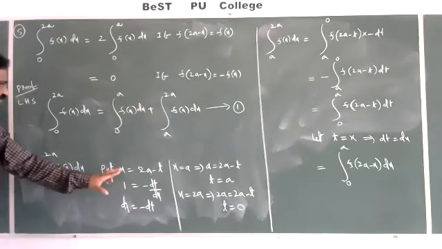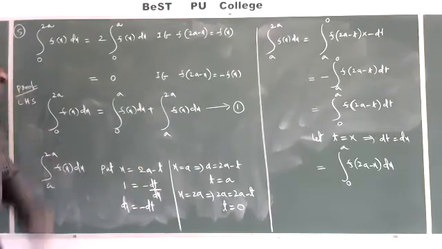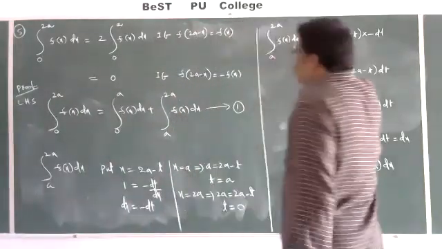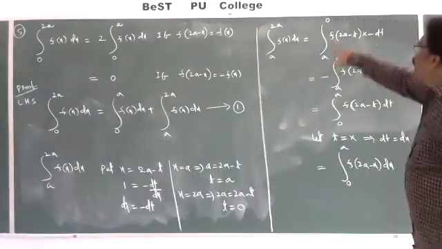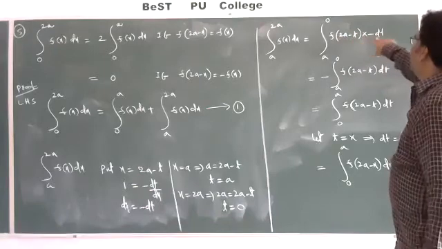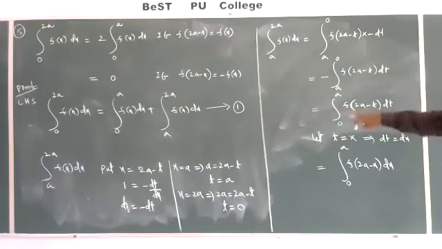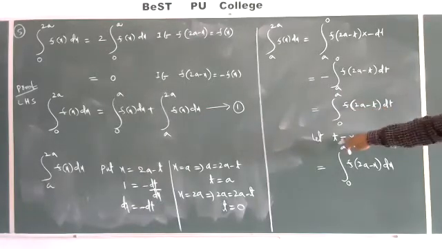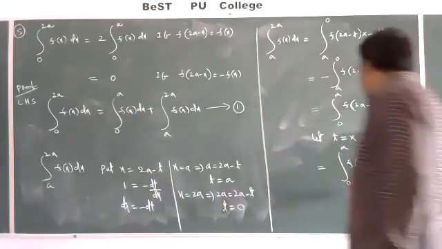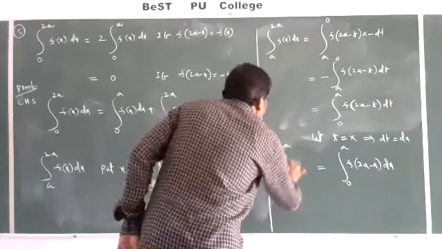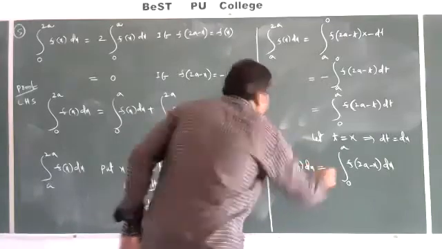Here, first substitution x is equal to 2a minus t, then you get integral a to 2a f(x) dx is equal to integral 0 to a f(2a minus t) into minus dt, then adjusting, you get 0 to a f(2a minus t) dt. Again substitute t is equal to x.